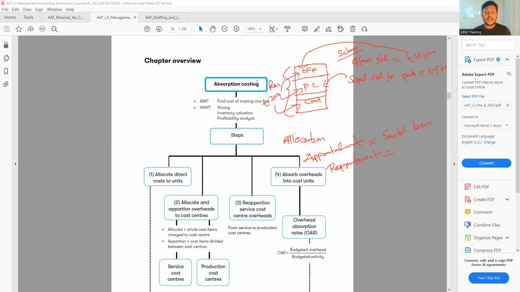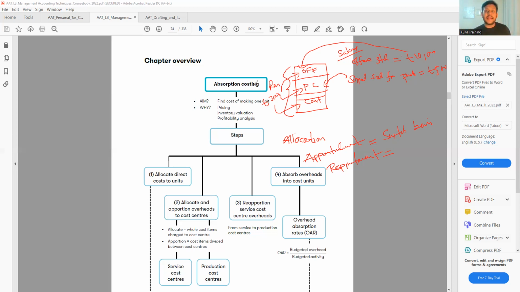The reason is that some of the cost centers don't have an income. For example, the service cost center. Let's say at BMW, when the car is completed and ready to sell, they keep the car in the showroom. And this showroom doesn't have an income, because all the income comes from selling the car.